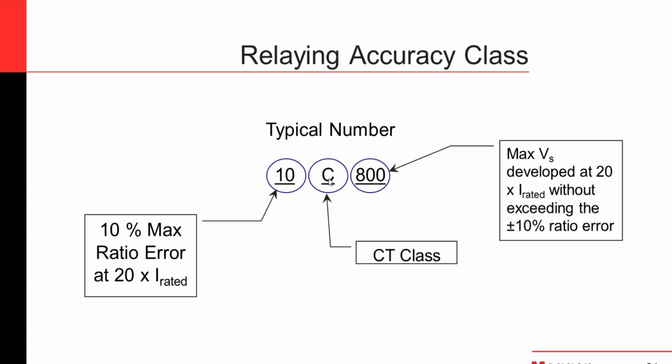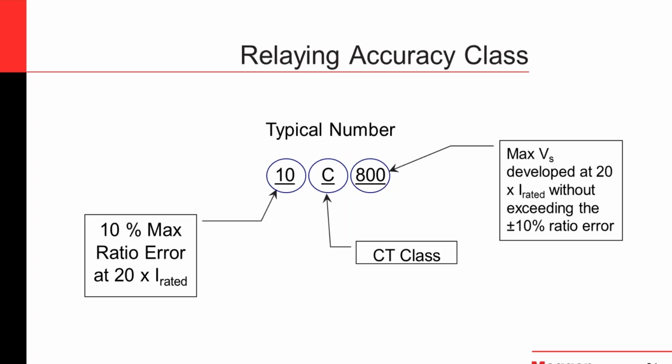So that 800 means the maximum response in terms of voltage from the CT at about 20 times the rated current. C is again the leakage flux on the core is negligible, so you can calculate the CT ratio, and the 10% is the maximum expected ratio error at about 20 times the rated current.